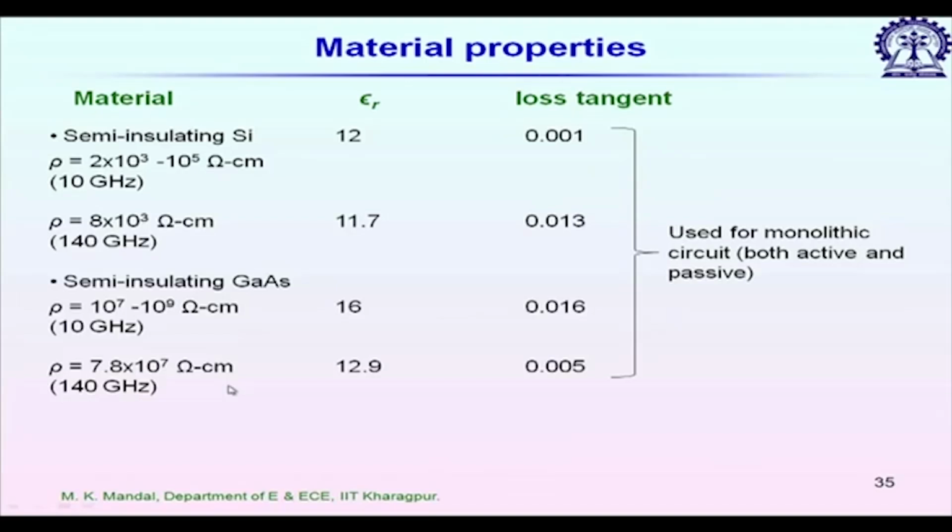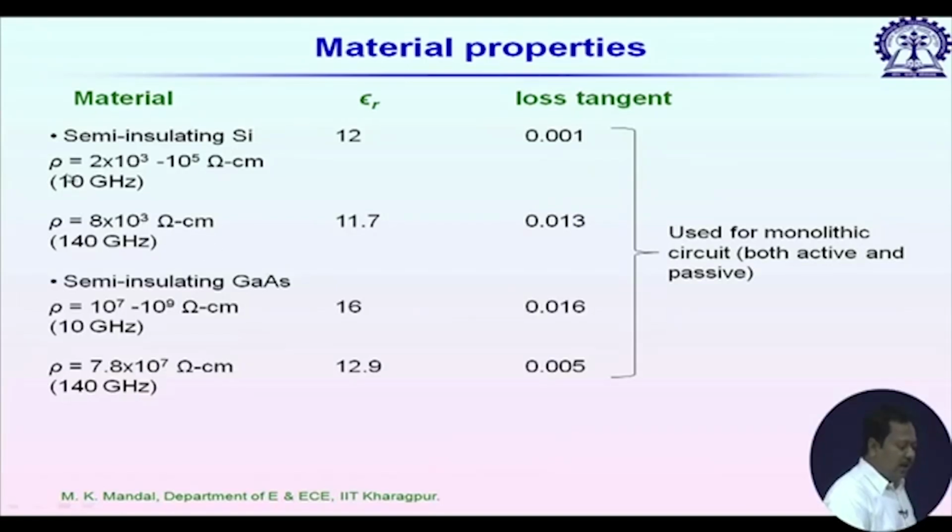So, semi insulating silicon, typical rho 2 into 10 to the power 3 to 10 to the power 5 ohm centimeter. This value is given at 10 gigahertz and its epsilon r is 12, loss tangent is 0.001, not bad.